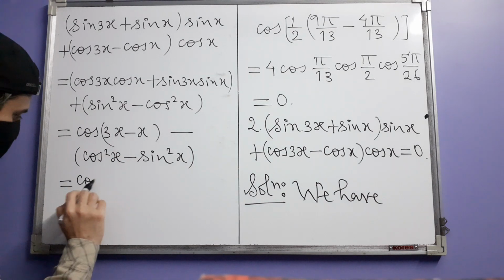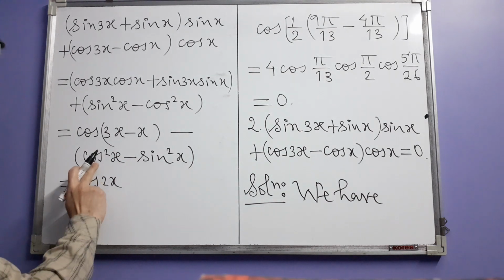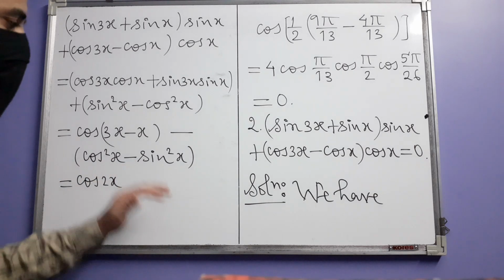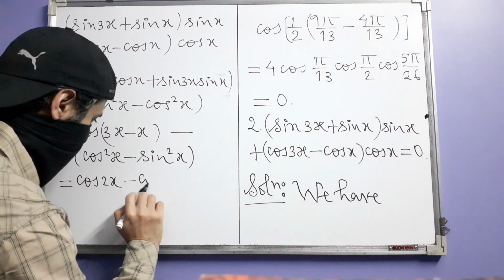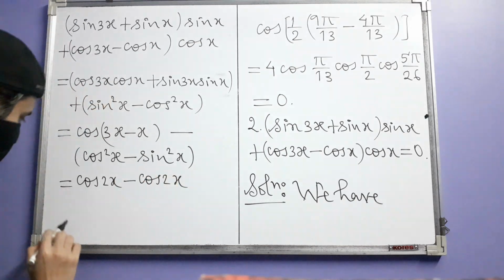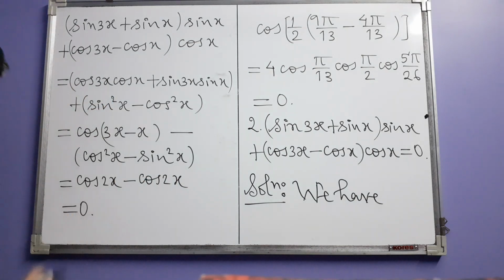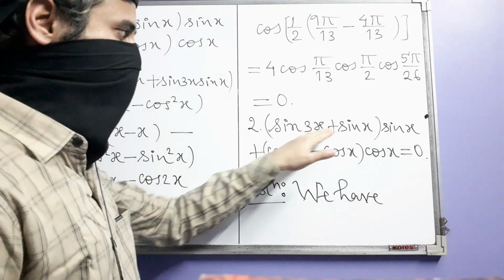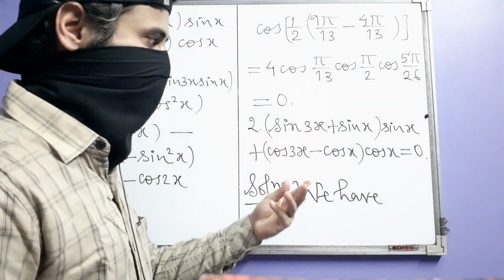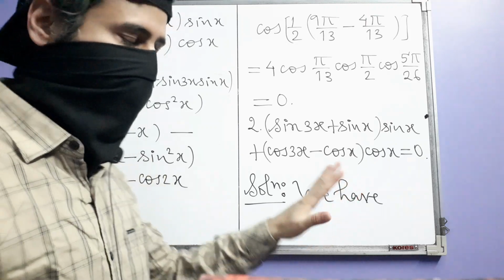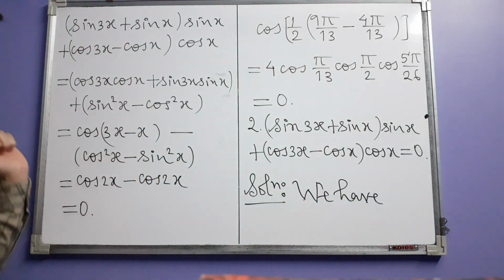So this of course becomes cos 2x, and what is this? By the cosine double angle formula, this is also cos 2x, and that's how you get 0 without having to apply the sin C plus sin D formula, dealing with division by 2. Without doing those things, we can still get 0.